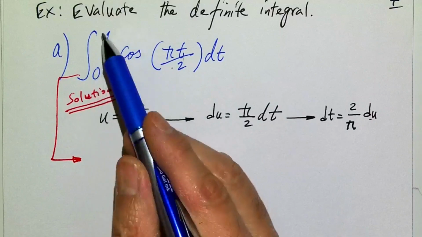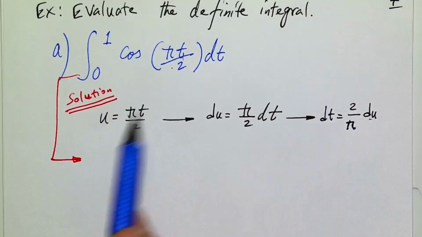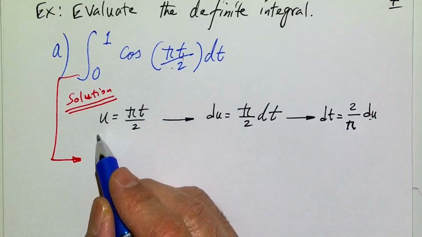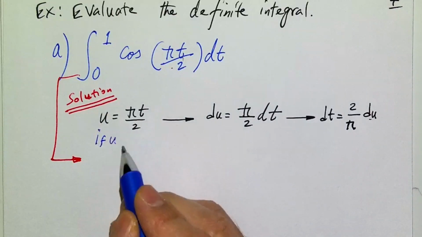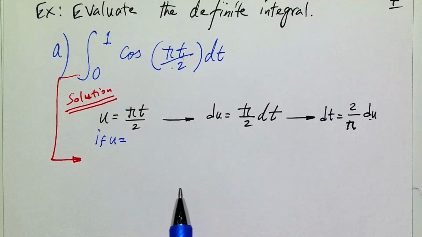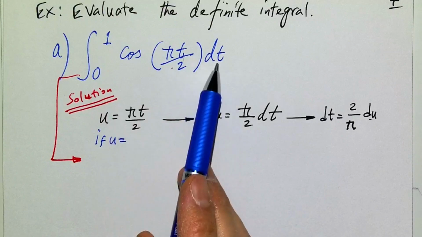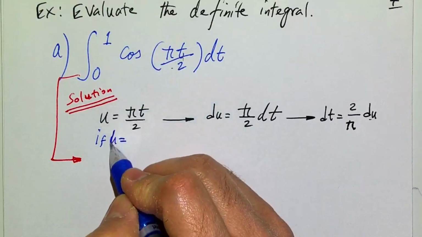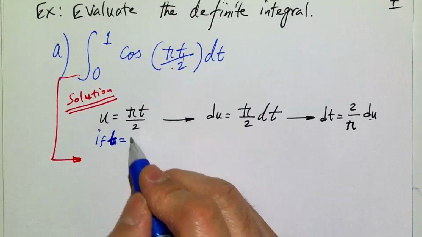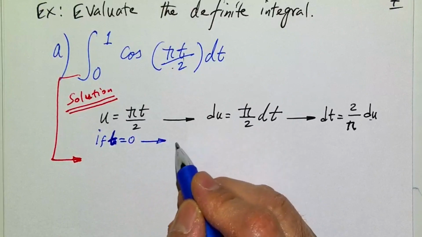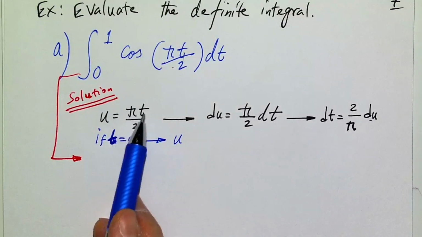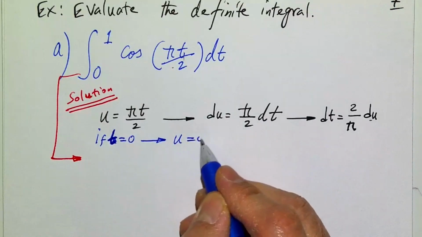What would be the limits of integral for du? Not for dt, we already have that, but for du, we need to calculate it. So if t is equal to 0, then u would be 0 as well, right? Pi over 2 times 0, so u is equal to 0 as well.